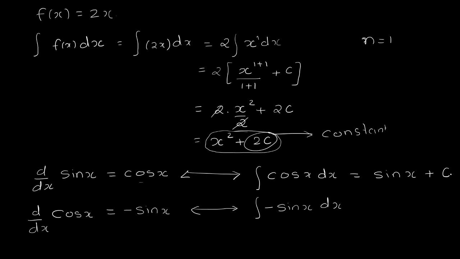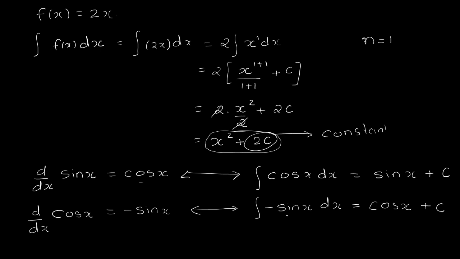We are not going to forget this plus c. One more, we have d by dx of cos of x is equal to minus sine of x. That's why we have integral of minus sine of x dx is equal to cos of x plus c.